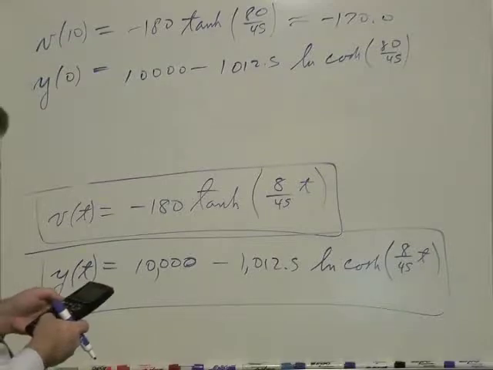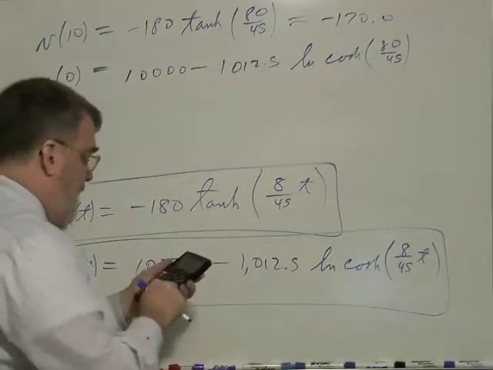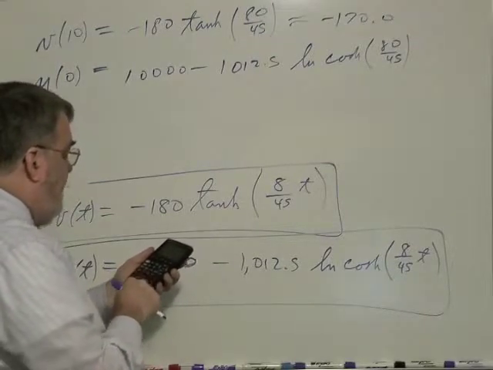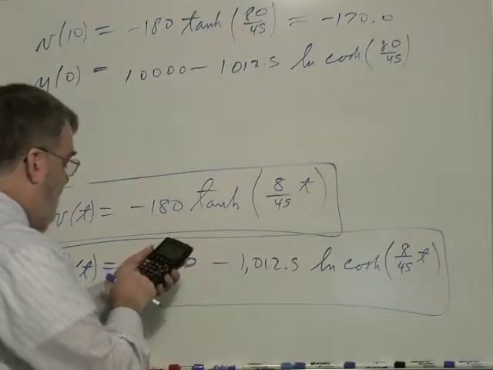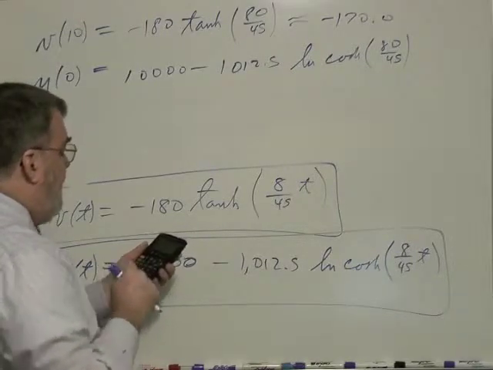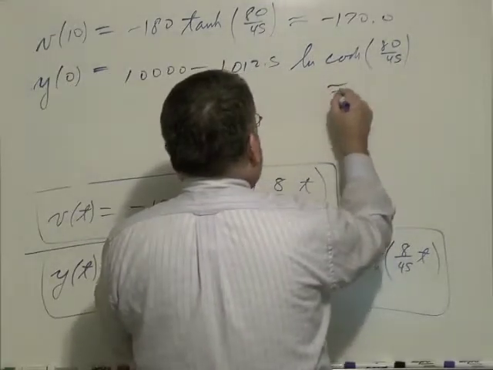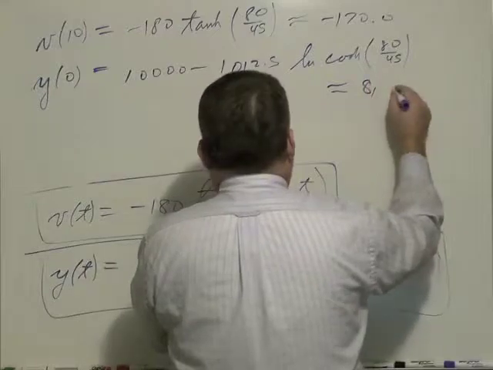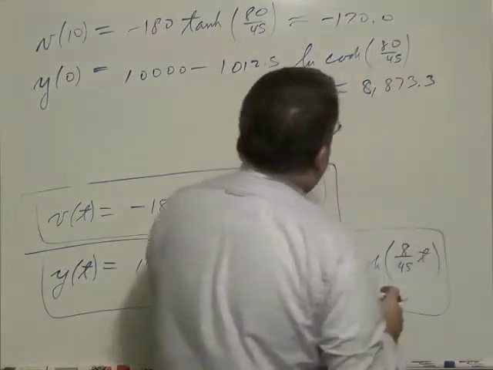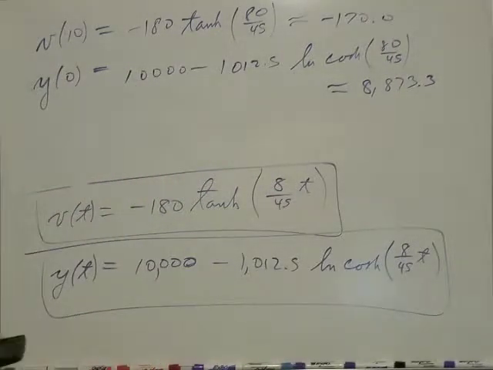Then I'm going to take the natural log of that answer, get about 1.11, multiply it by 1012.5, and then I'll take 10,000 and subtract. So I get about 8,873.3 feet.